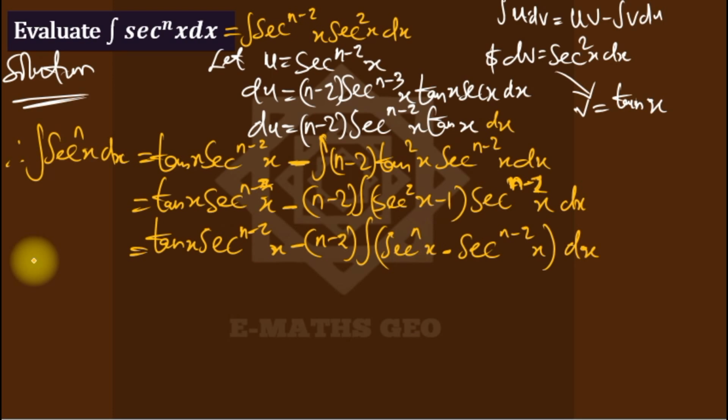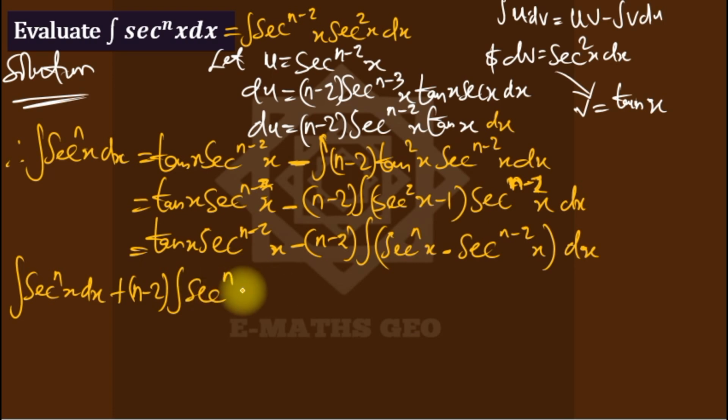So we'll repeat the one on the left hand side. This minus goes over to that side, and is now plus n minus 2 times the integral of sec x raised to the power n dx.